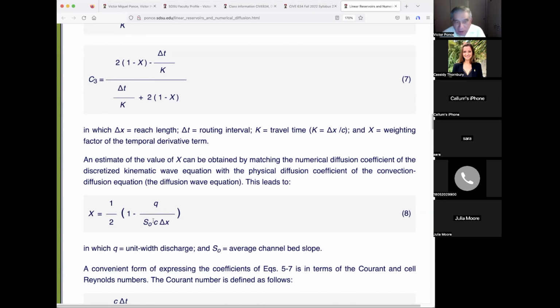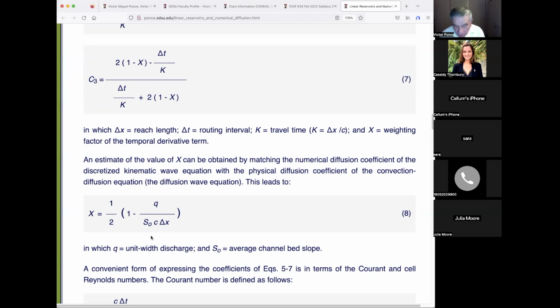And how did this formula originate? Because he did something nobody had ever done, which is take the physical diffusion of the problem, which was Hayami's diffusion, and find the numerical diffusion of the problem and just match them, make them equal. And once they were made equal, then the X popped up out of the problem.